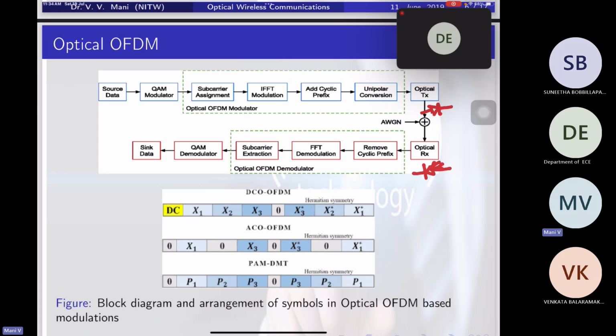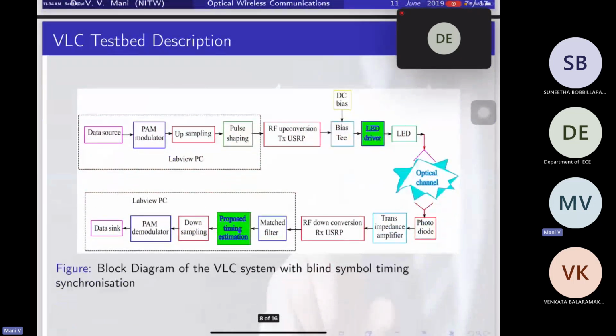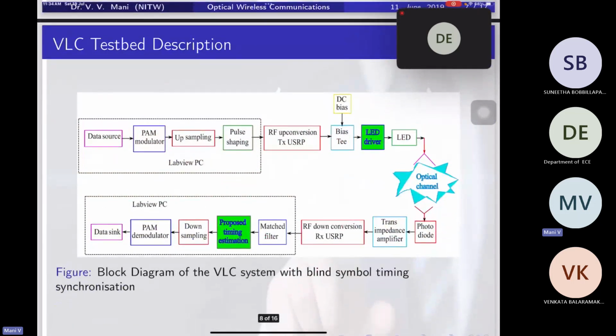The other modulation scheme is PAM-DMT. This is a new work. So just look at the PAM-DMT, what we implemented using the Universal Software Radio Platform. This Universal Software Radio Platform is an NI product, National Instruments product. Now it is taken over by Gates Research.